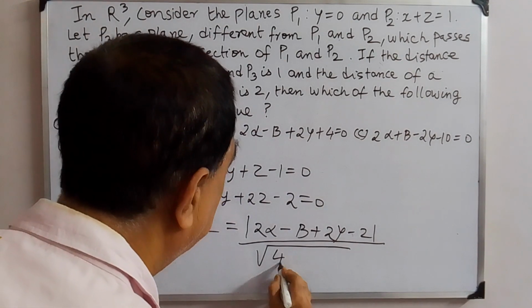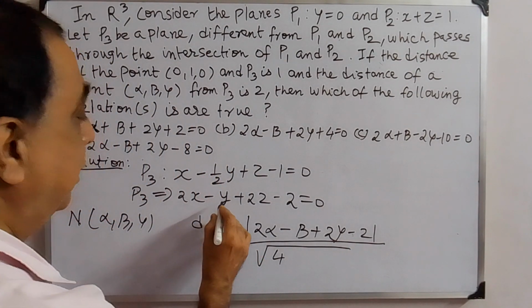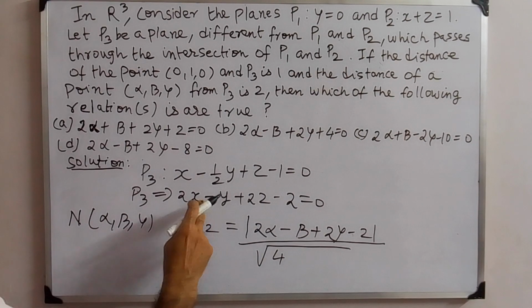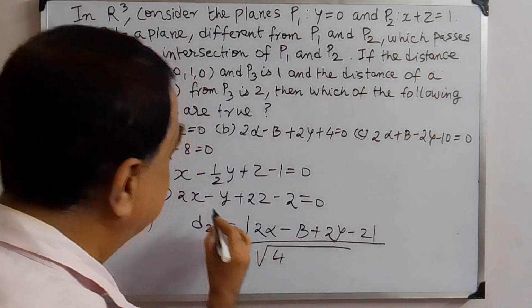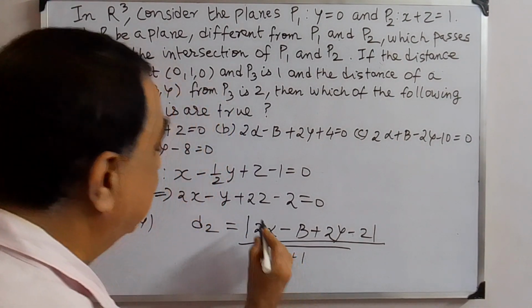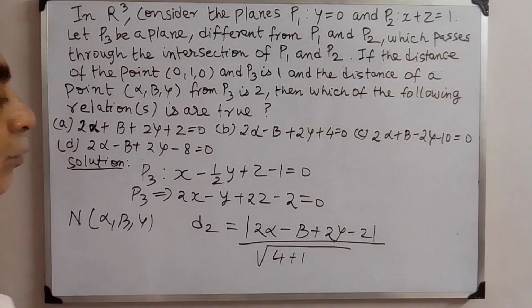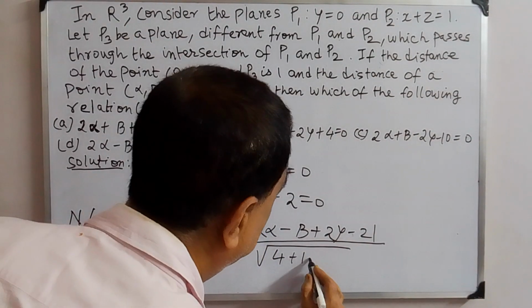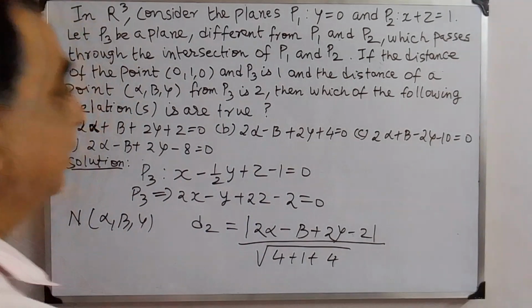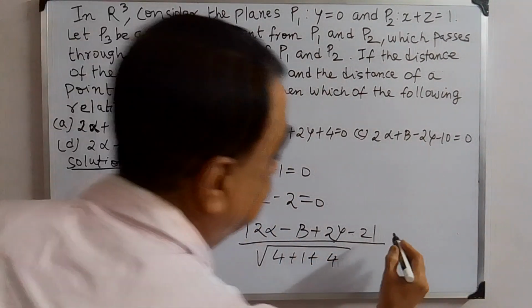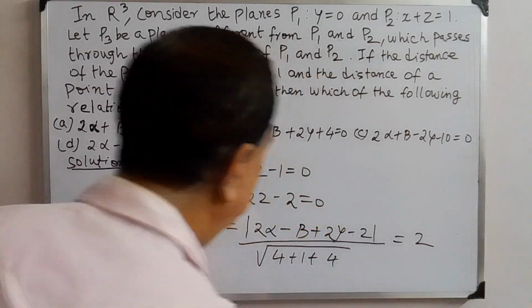So 2 square is 4, minus, so the y coefficient square, this will be minus 1 square is plus 1, and the z coefficient square, so that is 2 square, that is 4, and this distance given to us is equal to 2.